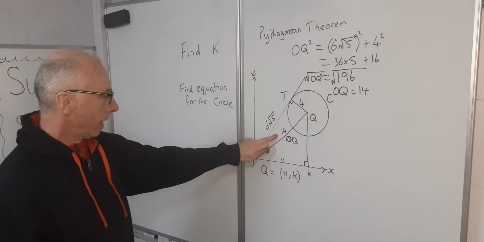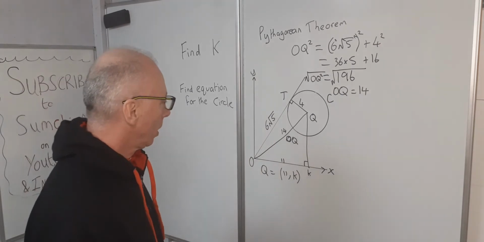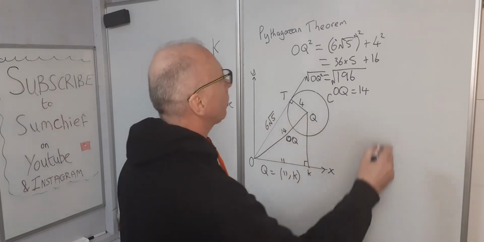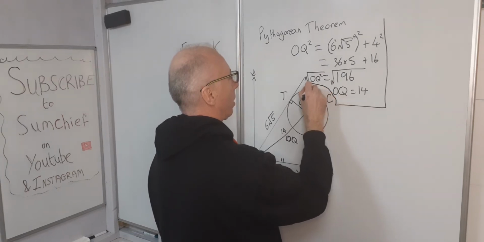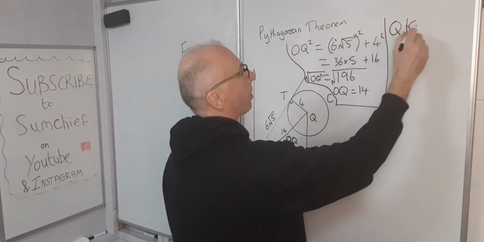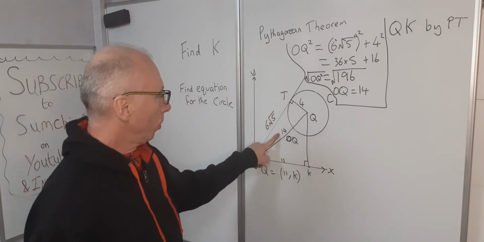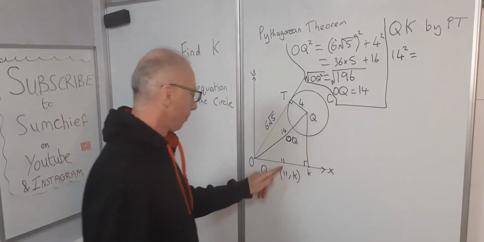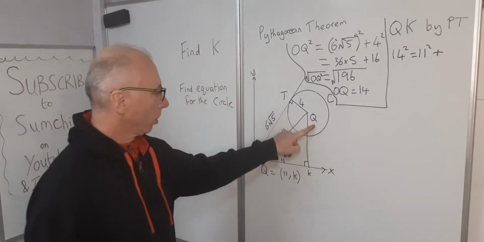Okay, right, now we're looking good. We've got this side, just need to find this side now. We call this one QK. So let's just draw a line here. Now we've got these values. So QK by Pythagoras' theorem, we can say that 14 is the hypotenuse. 14 squared equals 11 squared plus QK squared.